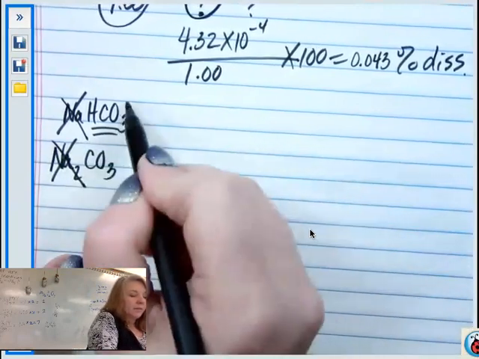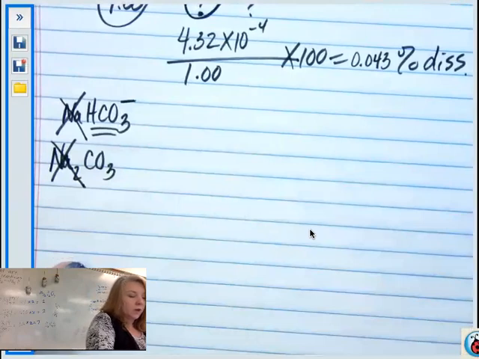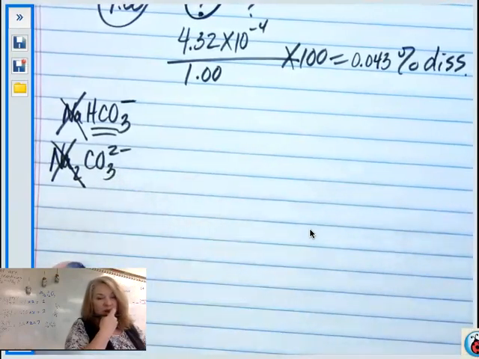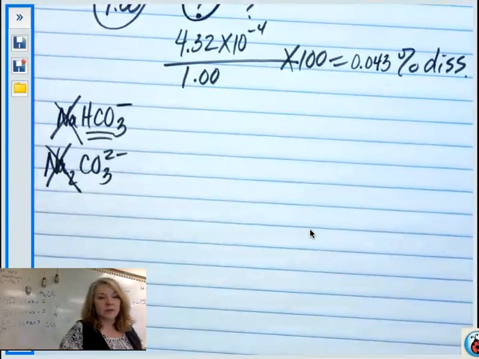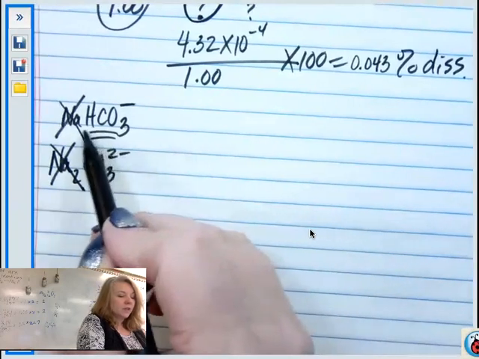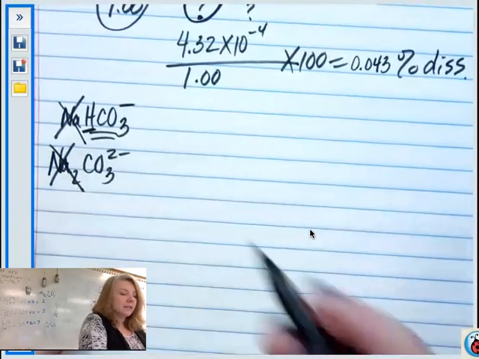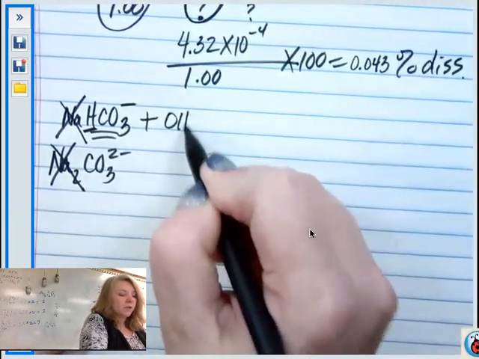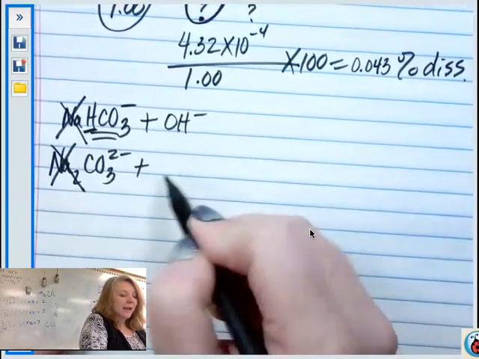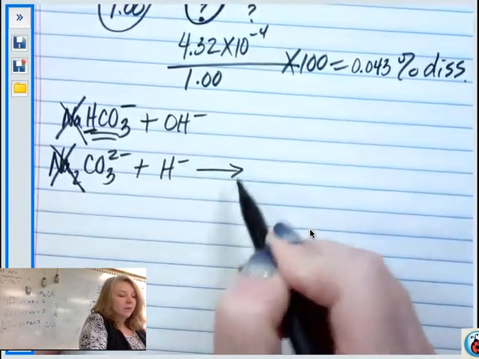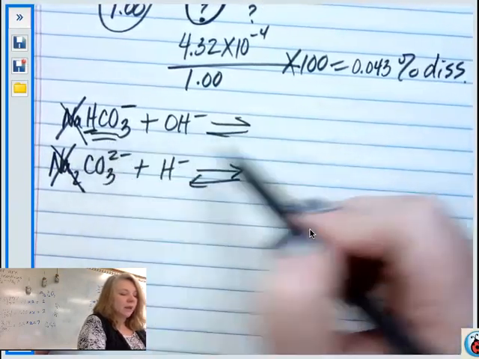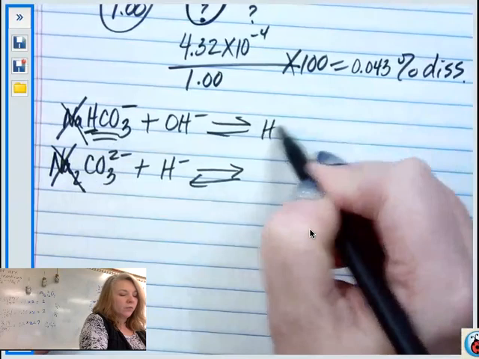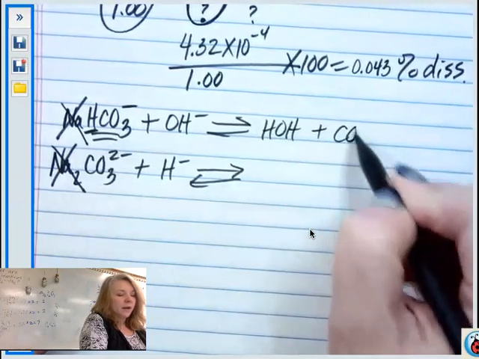So we're looking at this, the -1 charge, this with a -2 charge. One of those is going to deal with an acid invader, and one of them is going to deal with the base invader. So which is which? Well, this already has an H on it, so that's going to act as the acid. So that's going to deal with the base invader. And this one is going to deal with an acid invader, okay? Remember, this is a back and forth. So if this deals with the base invader, then you have water that forms and the carbonate ion.